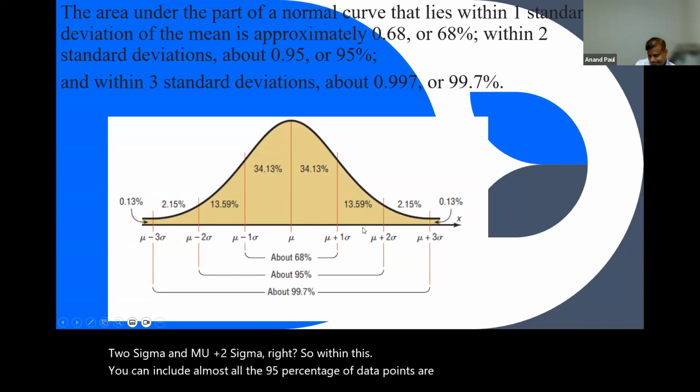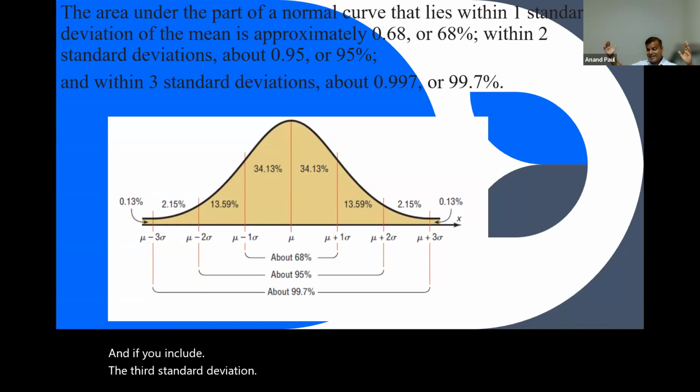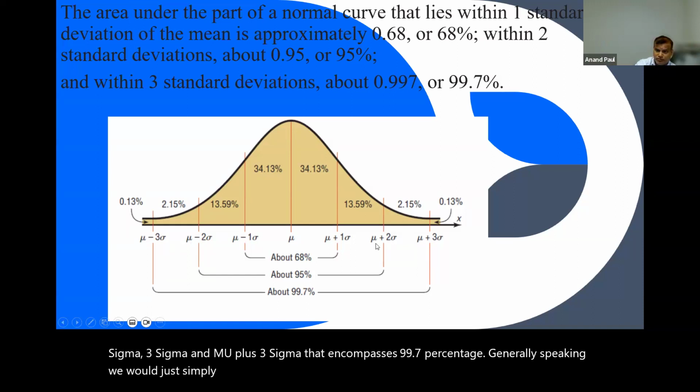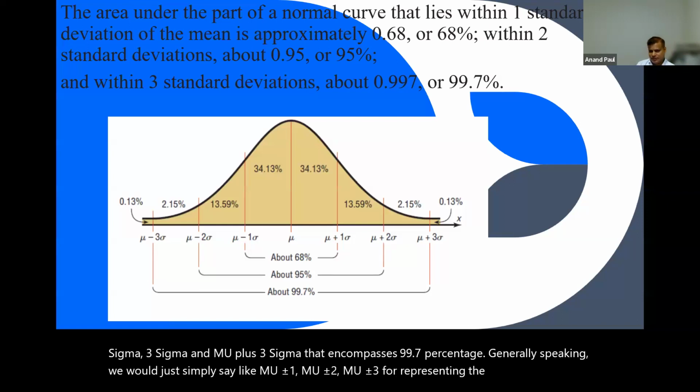And if you include the third standard deviation, it includes 99.7%. As you can see here, mu minus 3 sigma and mu plus 3 sigma encompass 99.7%. Generally speaking, we would simply say mu plus or minus 1, mu plus or minus 2, mu plus or minus 3 for representing the first, second, and third standard deviation.